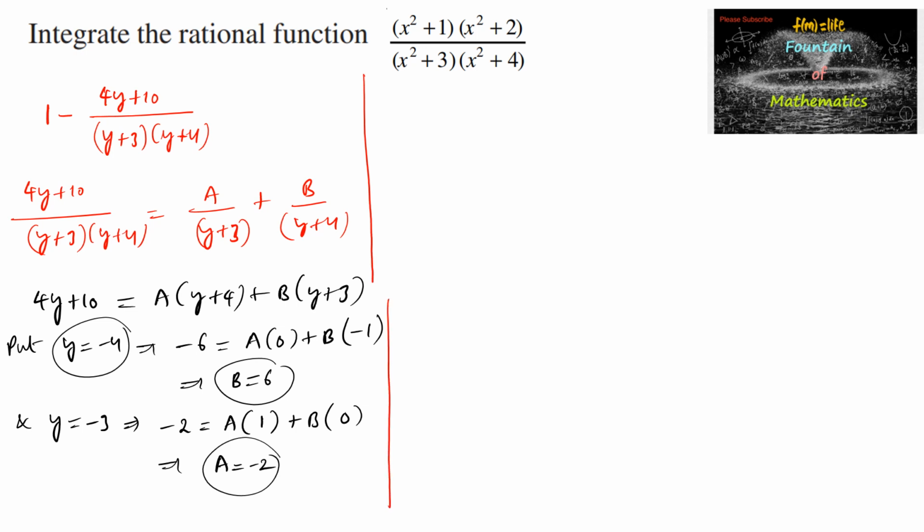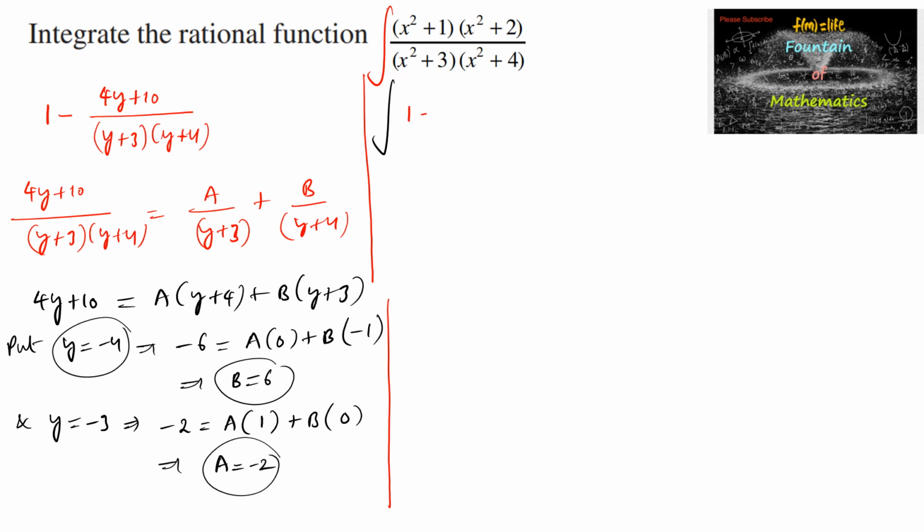So we can write the integral of 1 minus (4y plus 10) upon... or let me substitute the y value. So we can write here the integral of (x square plus 1)(x square plus 2) upon (x square plus 3)(x square plus 4).